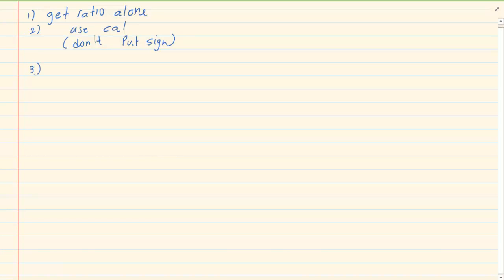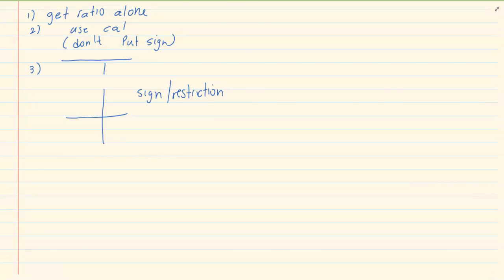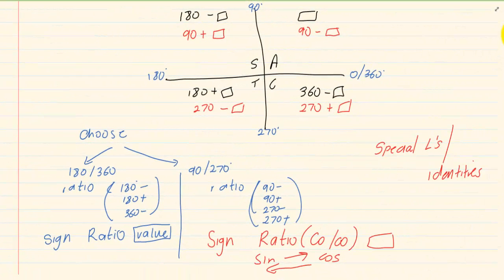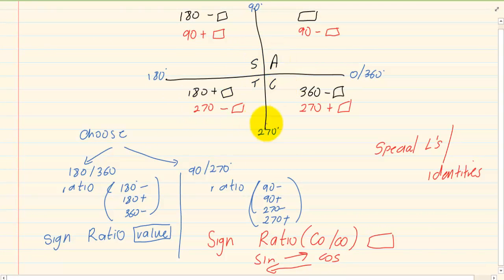Number 3, you're going to do the t, but your t is based on your sign and your restriction. So we're still going to use our basic Cartesian plane where we have all students take coffee, and we're going to look at that restriction.